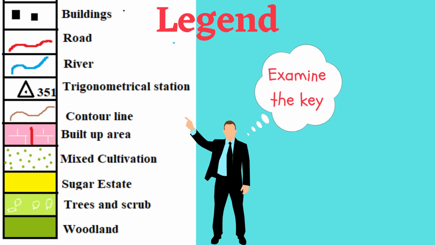So don't just assume the meanings of the symbols. Actually examine the key, and this way you will find it a little easier when you're reading your map. And while you are reading your map, you will still need to glance back at the key to see the features.